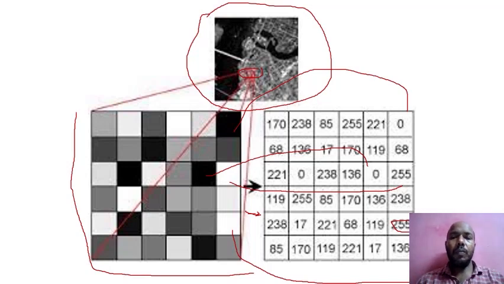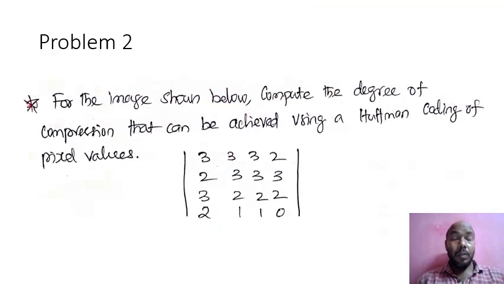Now we will take one more problem. The problem statement is: for the image shown below, compute the degree of compression that can be achieved using Huffman coding of pixel values.